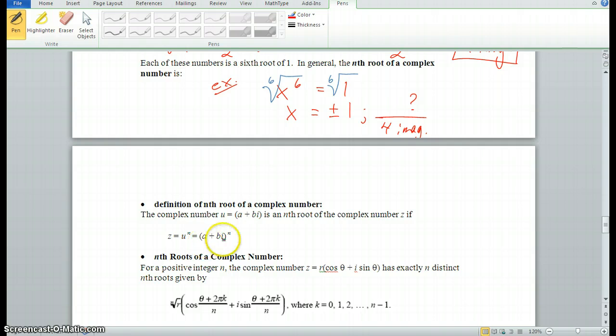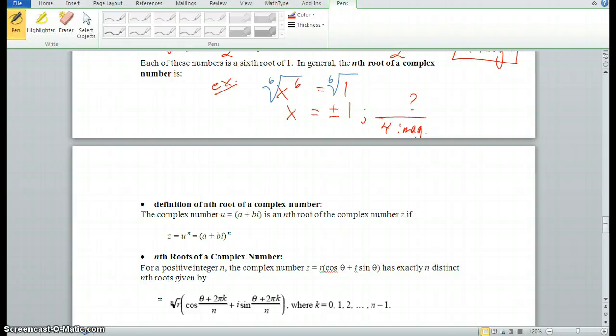Look familiar, I hope. That complex number raised to the n power. In turn, nth roots of a complex number. For a positive integer n, the complex number z equals r times the quantity cosine theta plus i sine theta has exactly n distinct nth roots given by this particular formula.